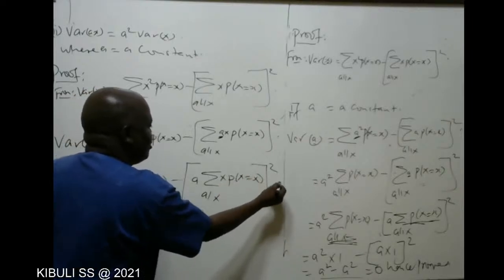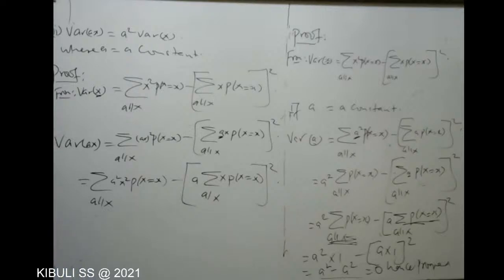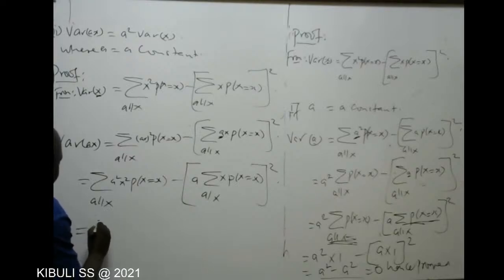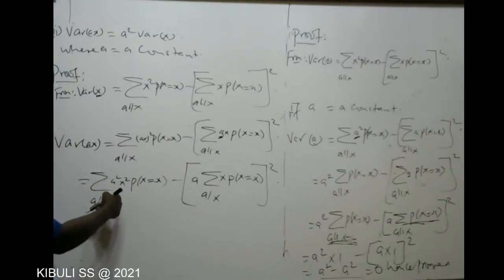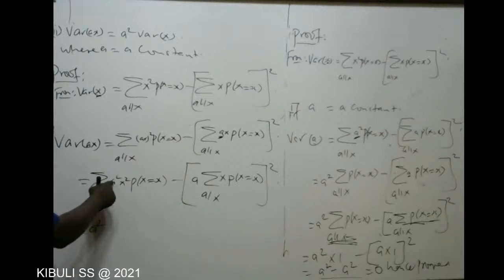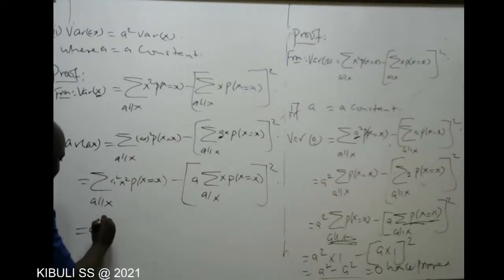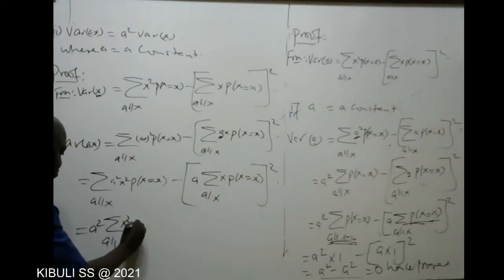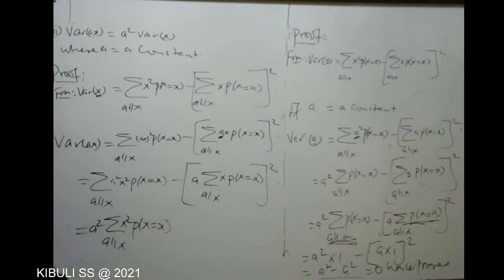This one is supposed to be what? Squared. Now, same, pull out the constant here, we shall have this to be equal to a squared, because a constant squared shall be a constant, like 10 squared is 100, 3 squared is 9, 5 squared is 25. So a squared will be a constant, so pull it out, and we shall have here the sum of all of x squared, probability of x is equal to x.